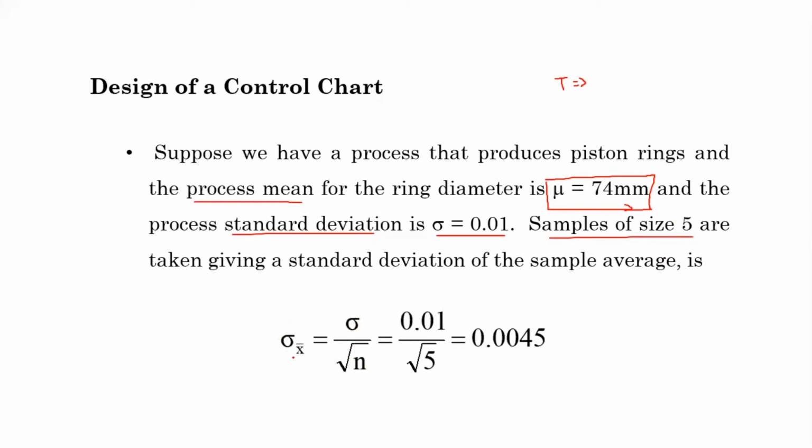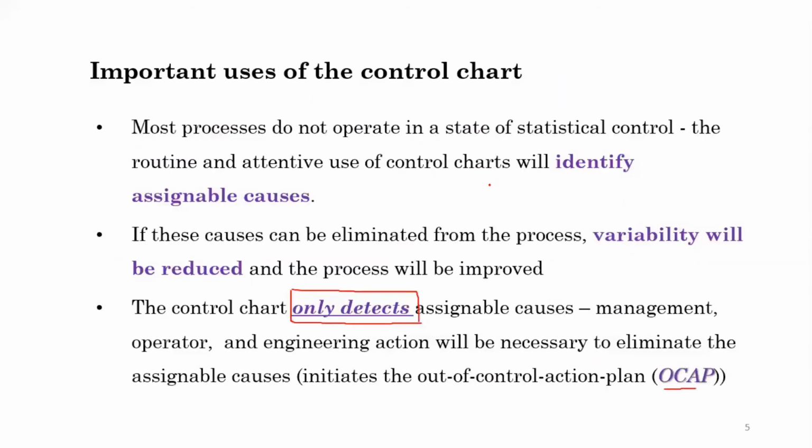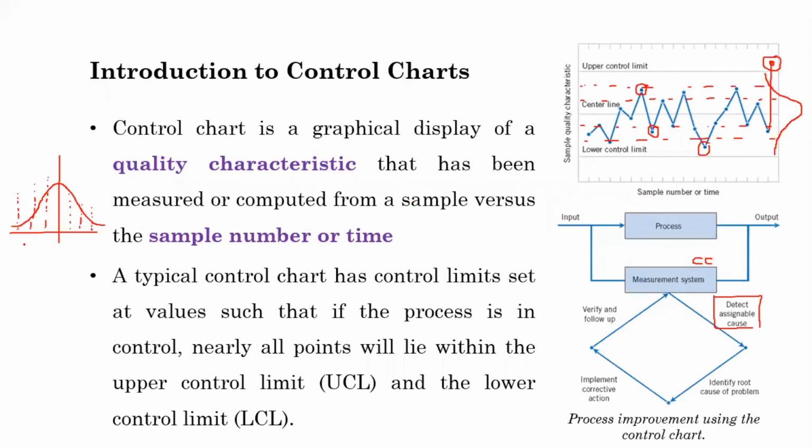So you'd have this sigma x, or standard deviation of the sample average, and you'd use this to identify the 3 elements of the control charts. What is normally recommended in general terms is to use 3 standard deviations.